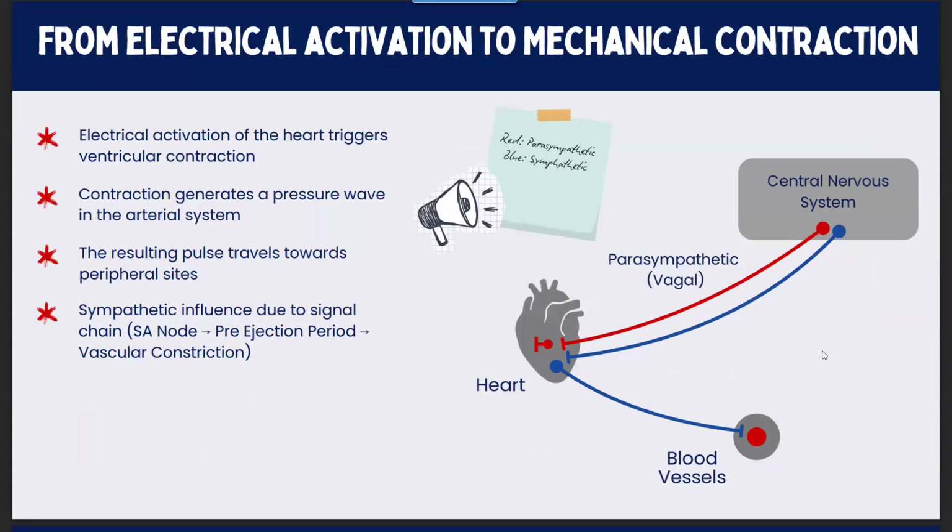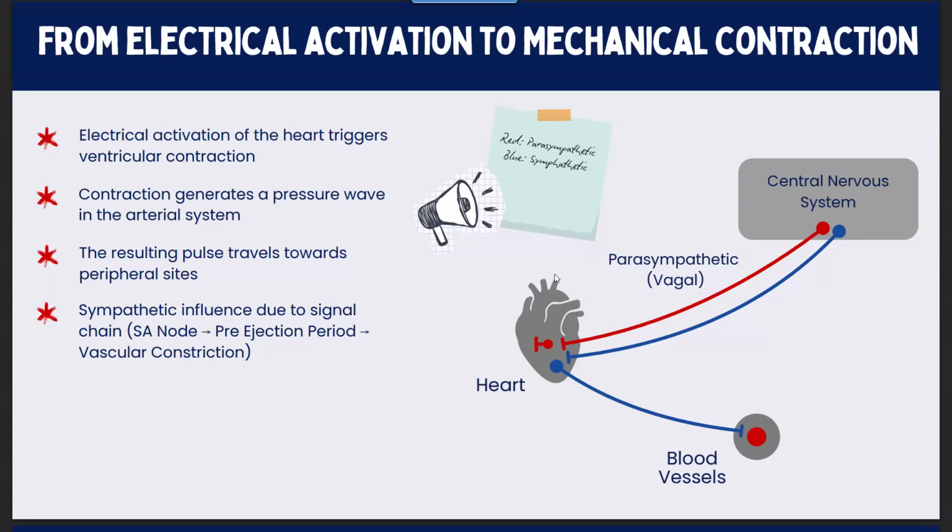When we first receive from the central nervous system the electrical commands to tell the heart to beat, we are able to isolate this pure parasympathetic marker of vagal activity in that high frequency heart rate variability range.